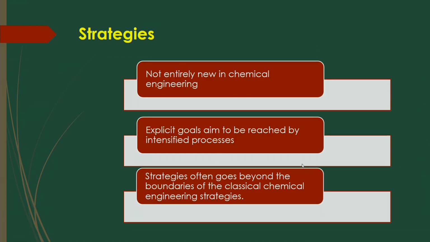Now, these strategies that we have described are actually not entirely new in chemical engineering. In chemical engineering processes, all those strategies are actually taken care of, but nowadays since population and pollution in the environment have increased, you have to have some explicit goal to reach a clean environment by way of process intensification.